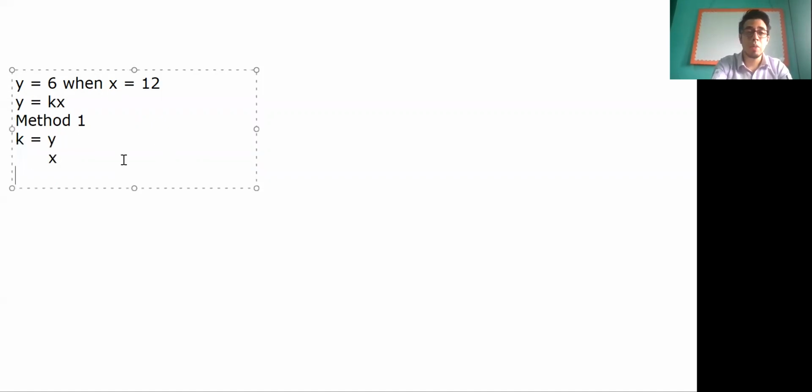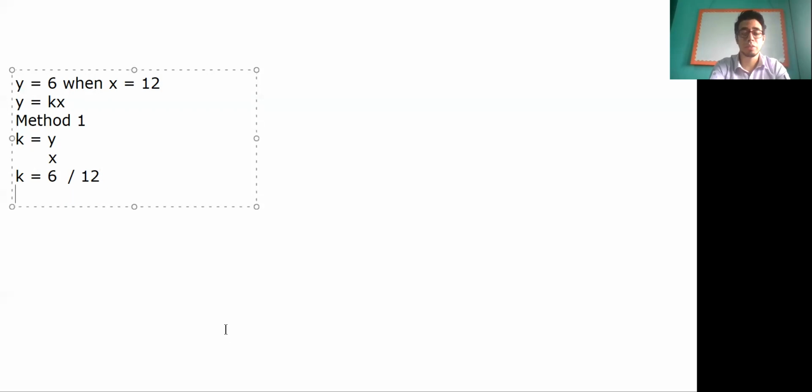So in this case, I already have the values for x and the values for y. So y is 6, you divide 6 by 12. This is going to be 1/2. k is equal to 1/2.